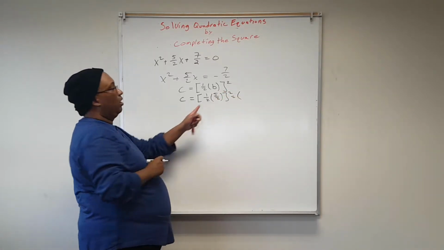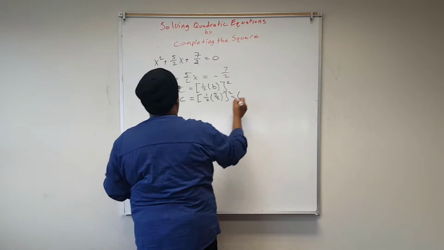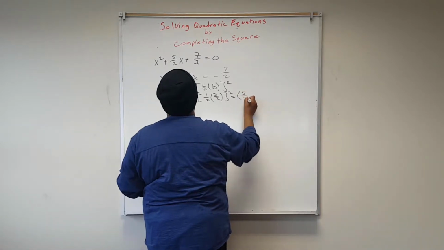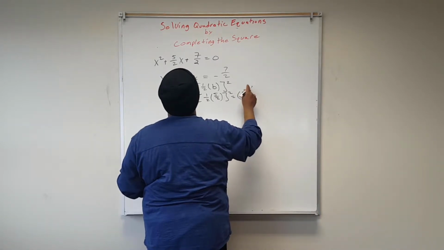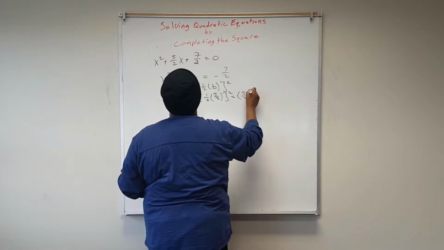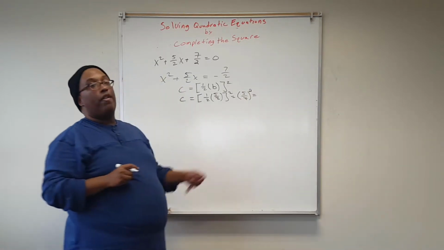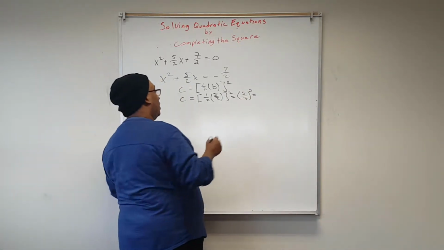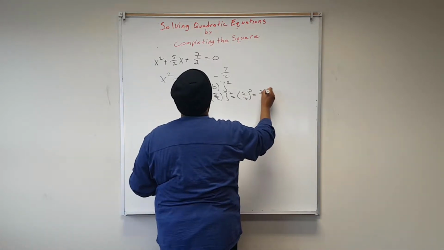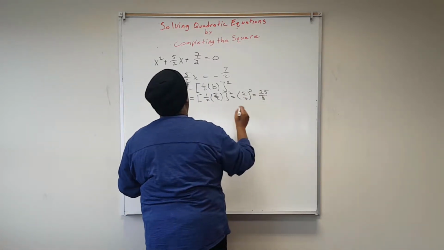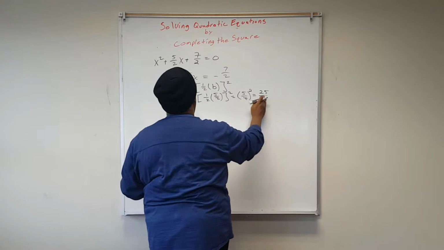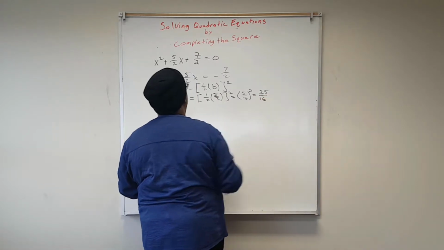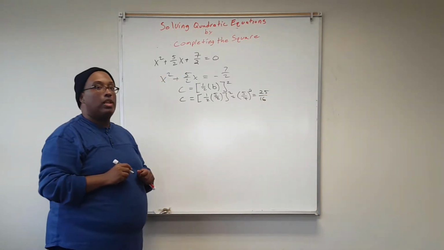That means 5/4 squared. If I square 5/4, that gives me 25/16. 4 times 4 is 16.